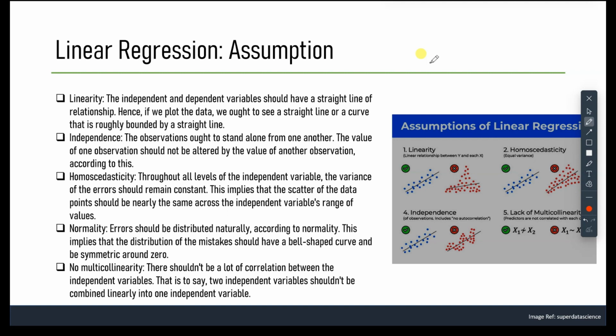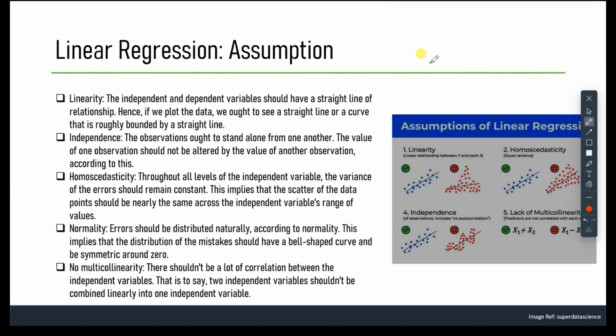The least squares method is a specific way of finding the best fit line or curve in linear regression by minimizing the sum of squared differences between the observed and predicted values. In mathematical terms, it is used to estimate the regression coefficients, such as beta 0 and beta 1 in the simple linear regression case, that minimize the sum of squared errors.